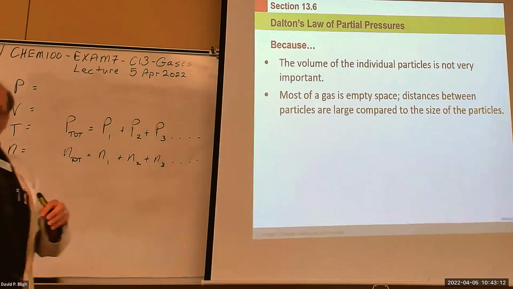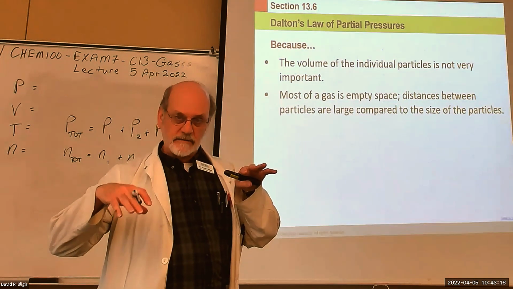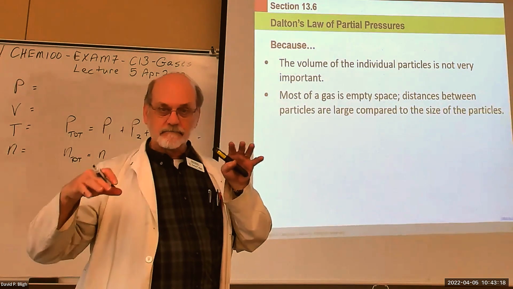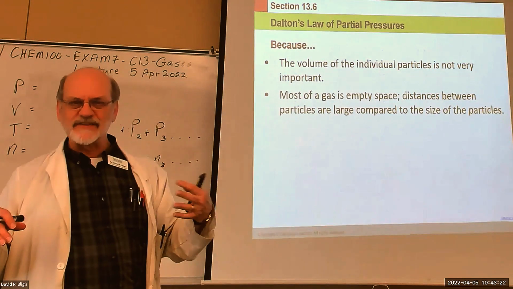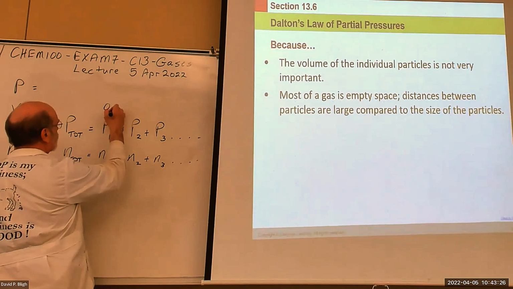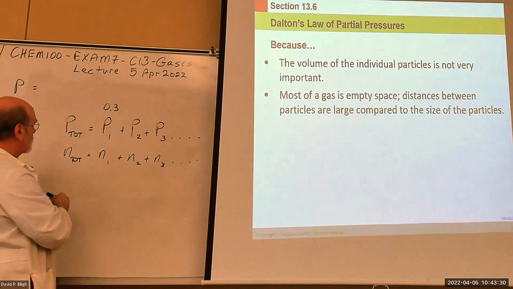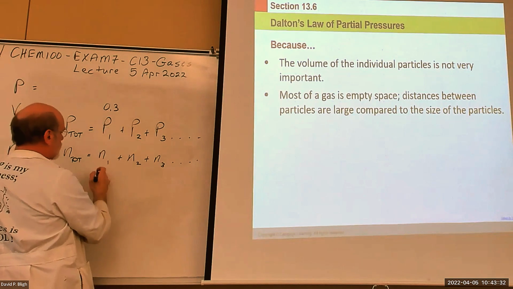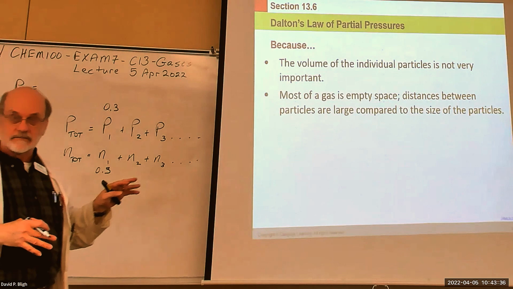Right? So if you know the ratio of pressures of the gases, say on a fractional basis, the pressure of this gas is 0.3 of the total, then this will be 0.3 of the total number of moles.